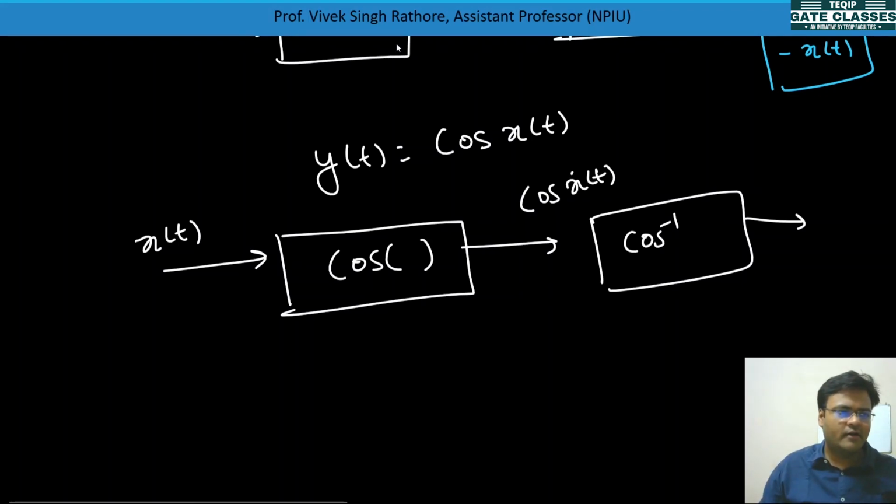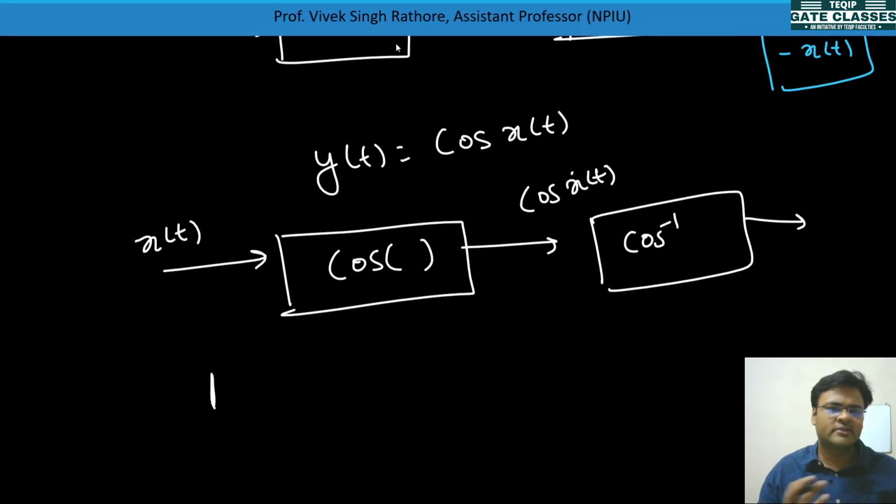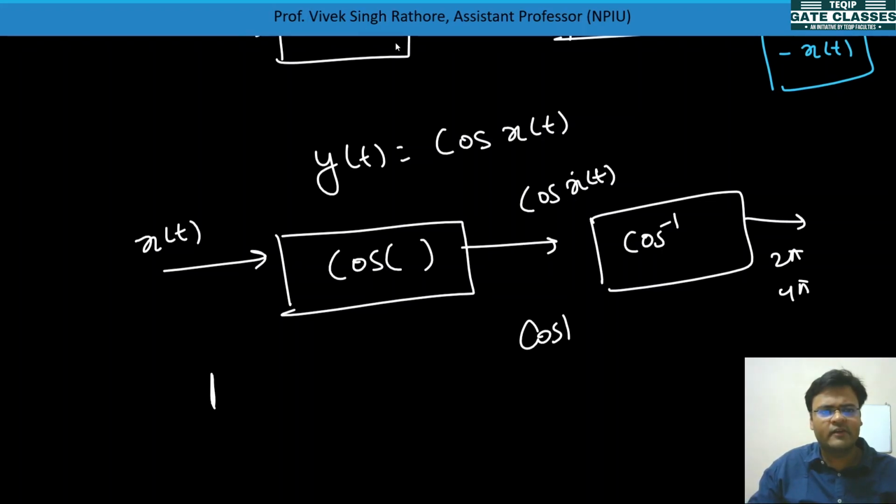if you give 1 as an input, you will get cos of 1. Now, cos inverse of 1, if you take it, what will we get? 0, 2 pi, 4 pi, 6 pi, very different values will come.